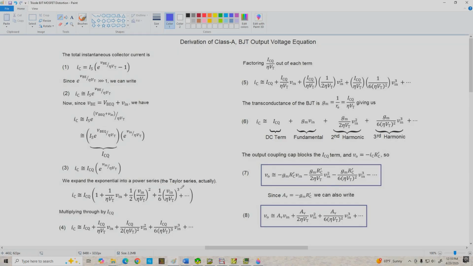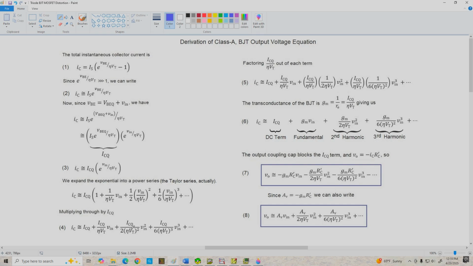The next thing we do is multiply ICQ through the factor on the right in parentheses, and that gives us equation 4. Now, if we're dealing with a linear approximation of the amplifier, we just use these first two terms and we ignore all the higher power terms over here, Vin squared, Vin to the third, and so on. We just assume that they're negligible.